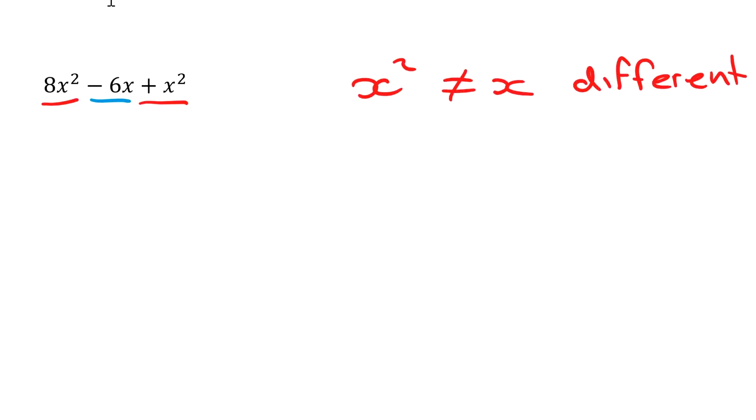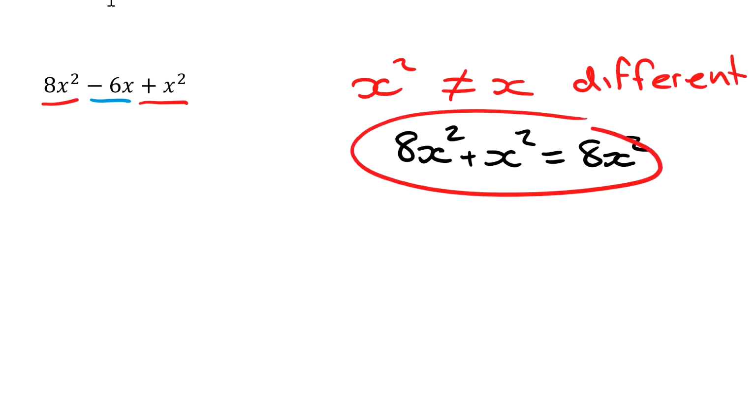Now, because there's no number out the front, a common mistake is to go 8x squared plus x squared, well, 8x squared still, right? But that is not right. That's wrong. What we need to do is almost imagine that there's this invisible 1 out the front of that x squared by itself. And now we go, oh, well, that's easy.